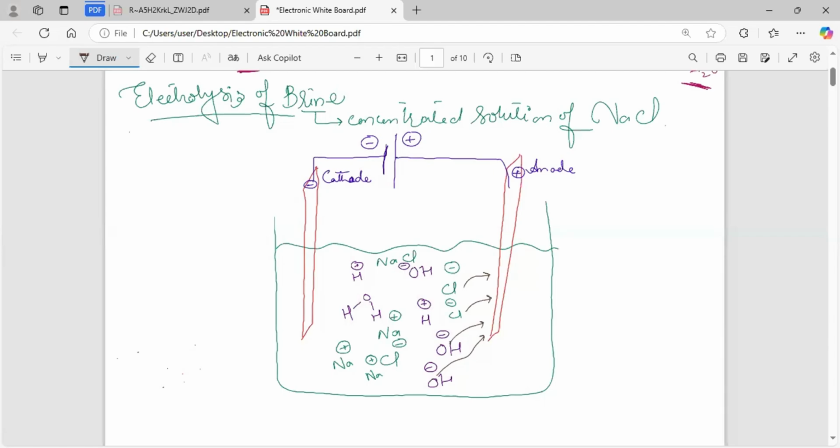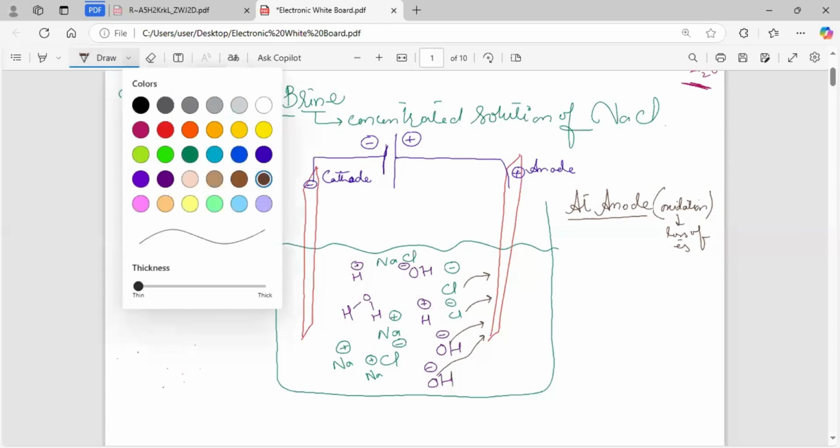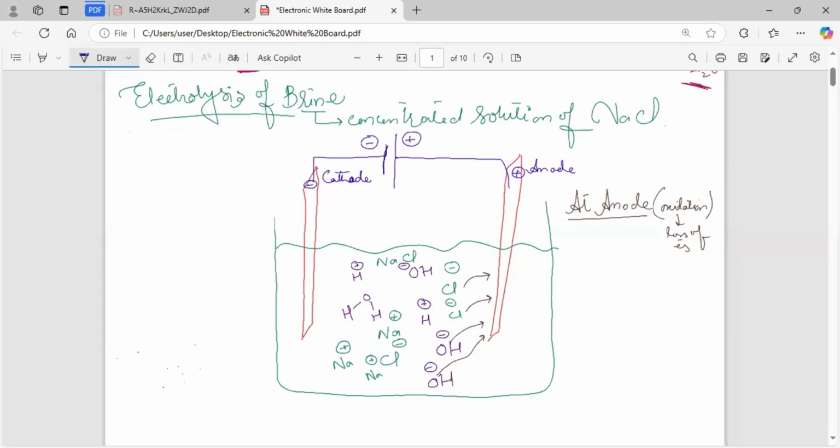We discussed yesterday in our class that at the anode oxidation takes place, and oxidation is the loss of electrons. So there are two possibilities. OH negative ions can lose electrons, and Cl negative ions can also lose electrons.